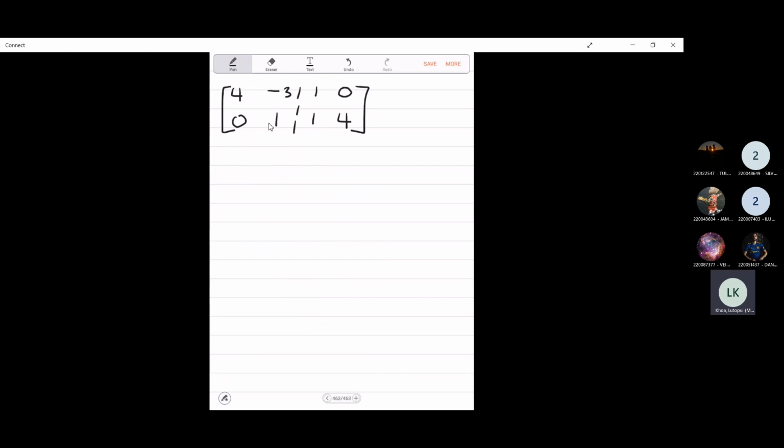So to do that, I multiply this row by 3 and then add it to that one. So I will say row 1 plus 3 times row 2. So it's 4 plus 0, minus 3 plus 3 is 0. Then 1 plus 3 is 4, and then 0 plus 12.